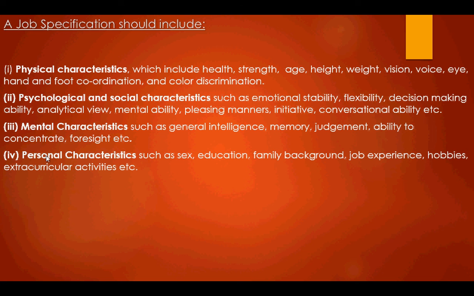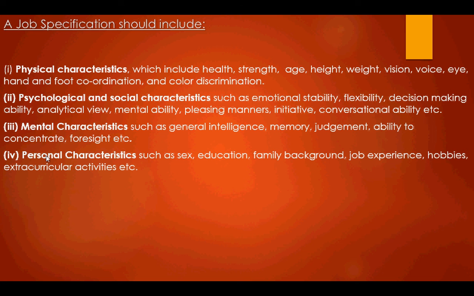Psychological and social characteristics, which include emotional stability of a person, flexibility, decision making ability, analytical view, mental ability, pleasing manners, initiative, conversational abilities, etc. All these come under the psychological and social characteristics.